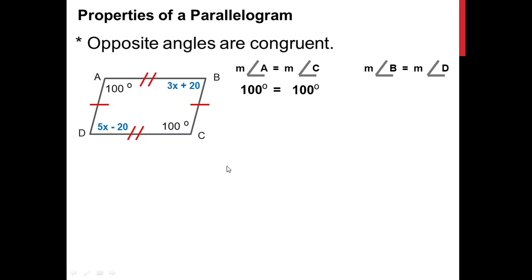So let's see. Opposite angles are congruent, meaning equal in value. Then here, we can just write 5x minus 20, that is my D, equals my angle B, which is 3x plus 20, right?